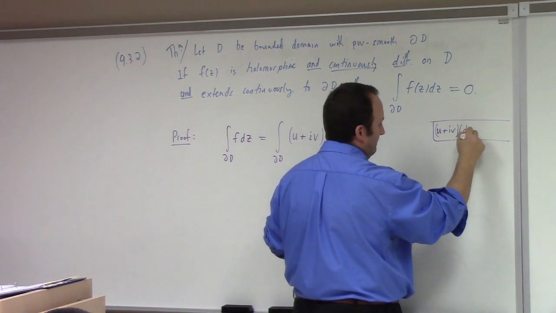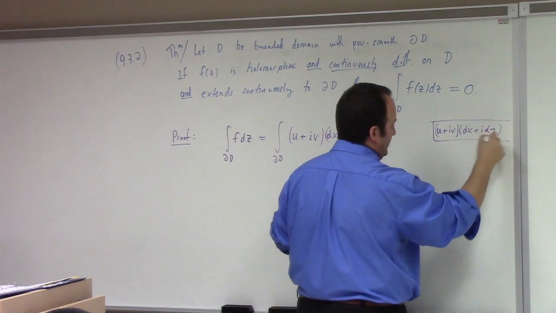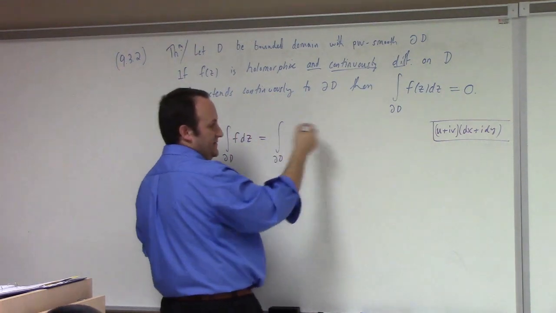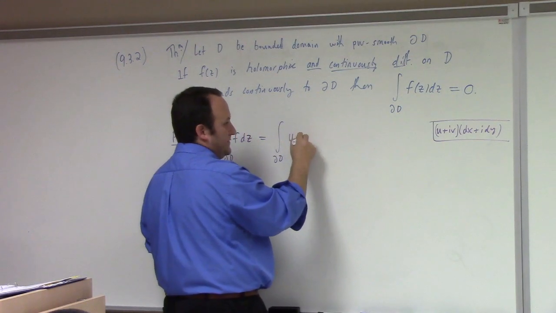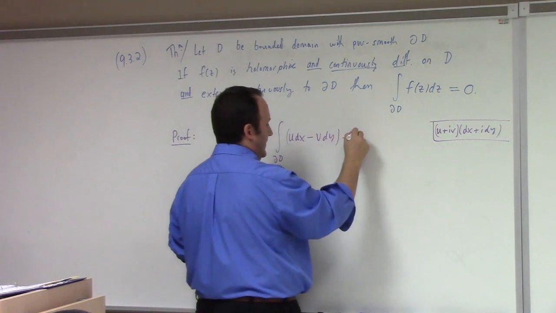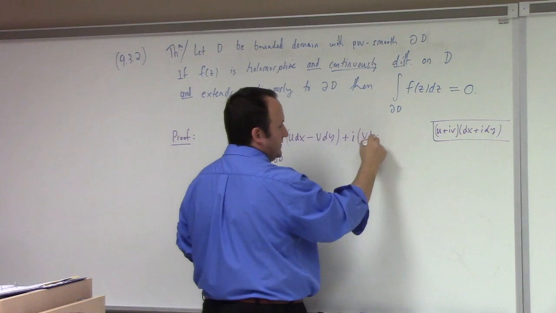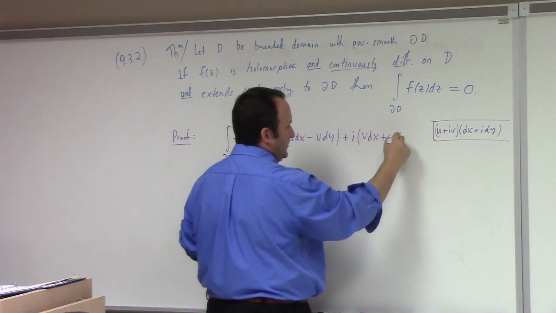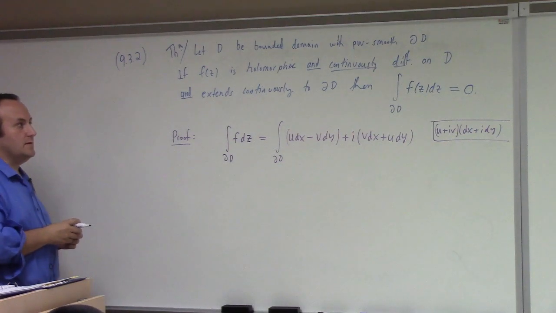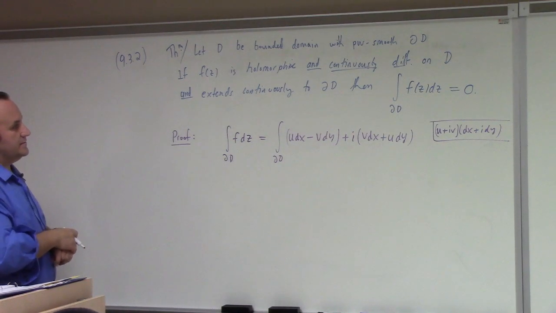This isn't a step. The definition is what I'm going to write over here: u dx minus v dy plus i times v dx plus u dy.